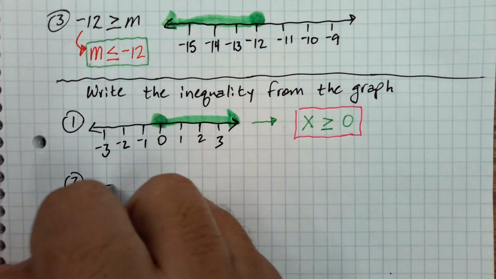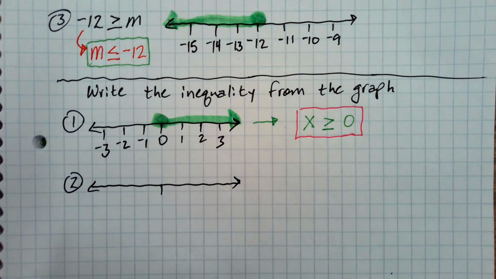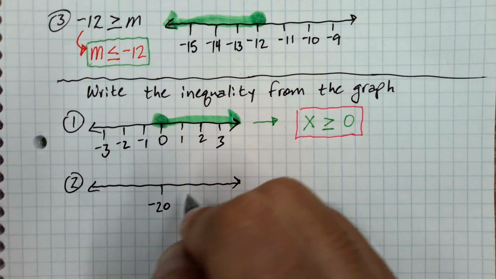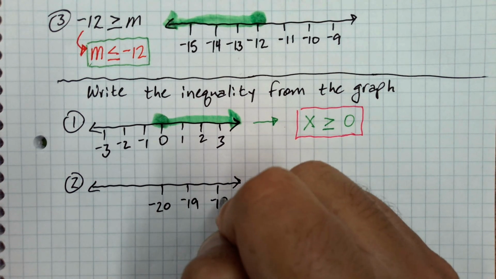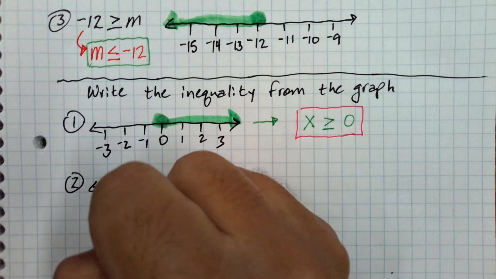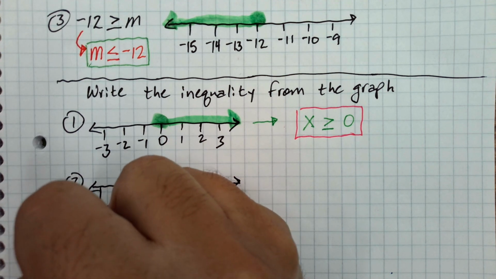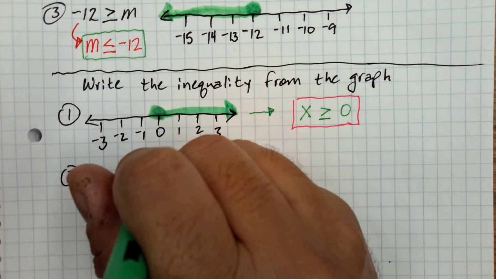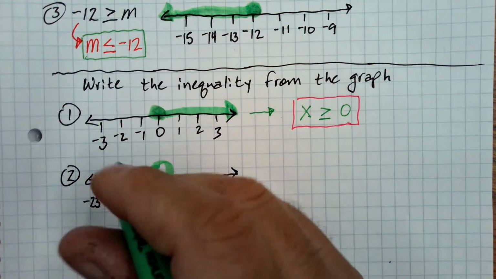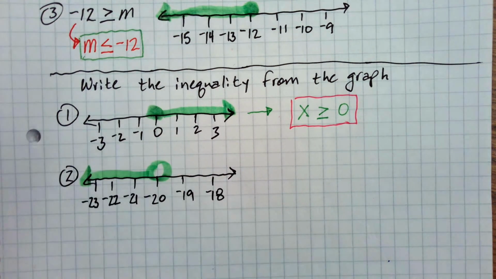Okay, let's do negative 20, negative 19, negative 18. So there's my number line. I will put an open point, and then everything to the left is an answer.